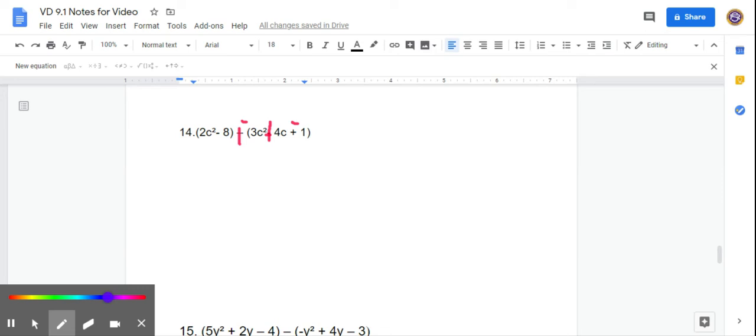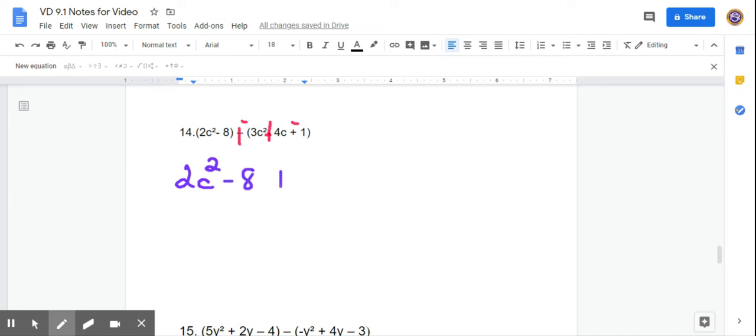So now you have 2c squared minus 8 plus negative 3c squared plus 4c plus negative 1 or minus 1. It doesn't matter.